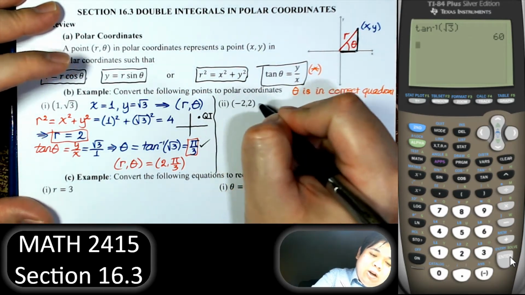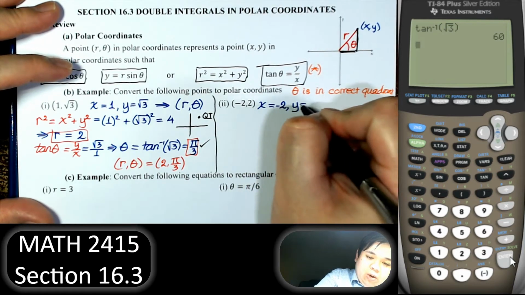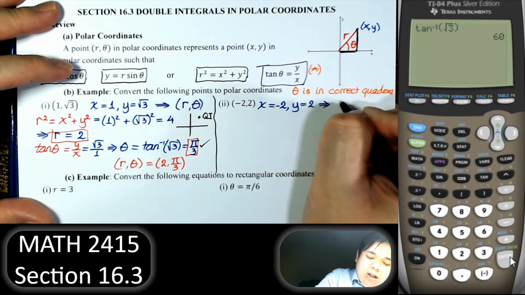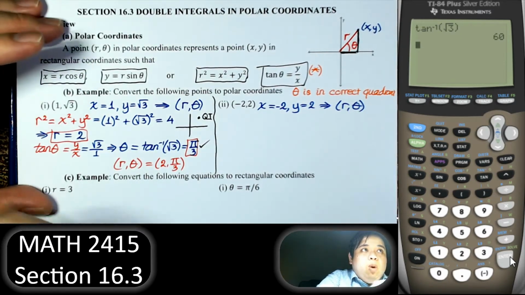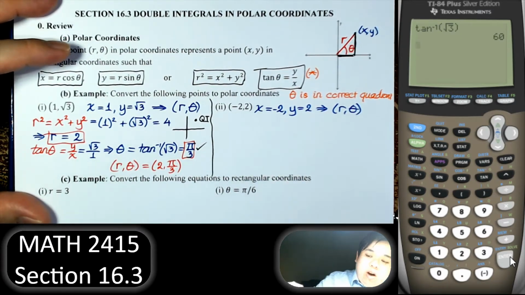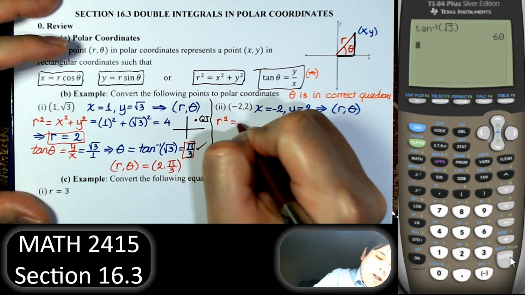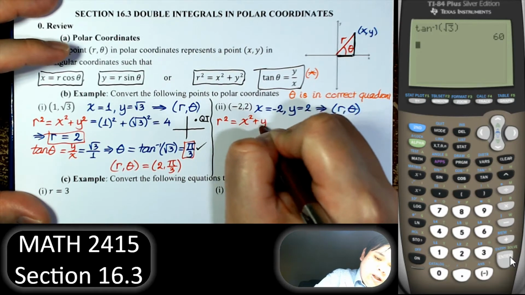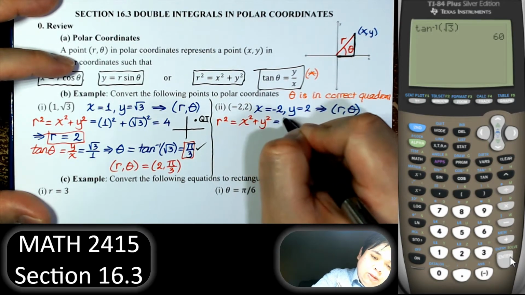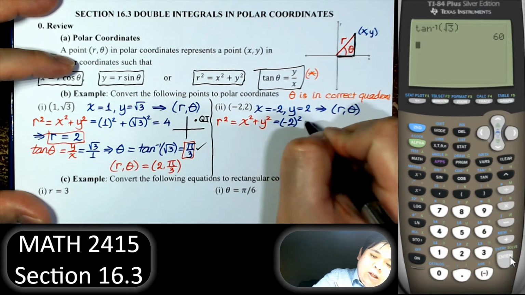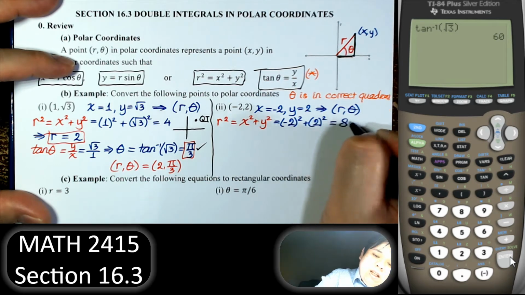Try another one. On this one, we have x equal to negative 2 and y equal to 2. We will find the corresponding point in polar coordinates. So we just need to find r and theta. Same thing. r squared equals x squared plus y squared. 4 and 4 is 8.